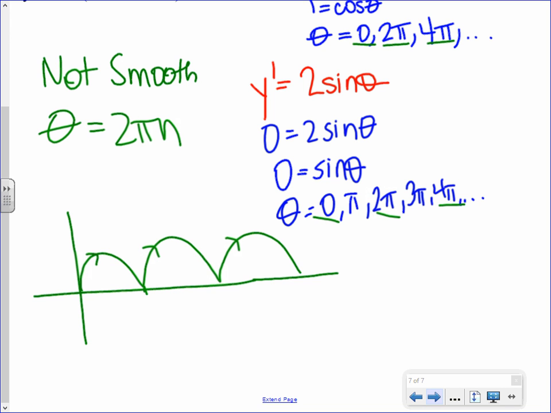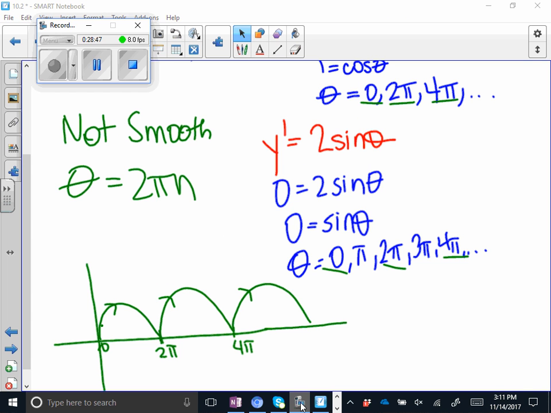Oh, we do too know what that value is. This is 0. What's this value? 2 pi, because we're not smooth there. 4 pi. 6 pi. We're not smooth there. So it's a sine and a cosine on top of each other. Sine and cosine take an entire 2 pi to draw the whole thing.